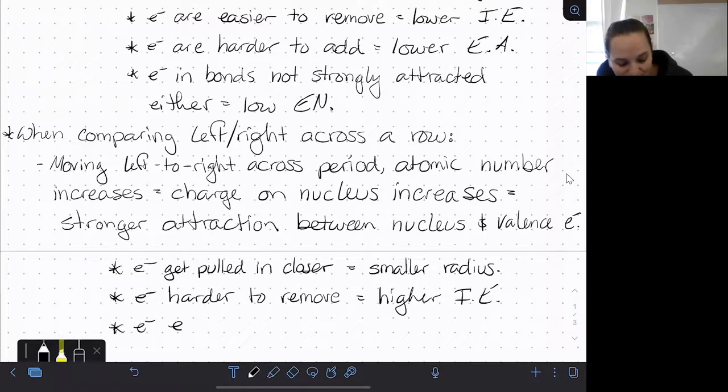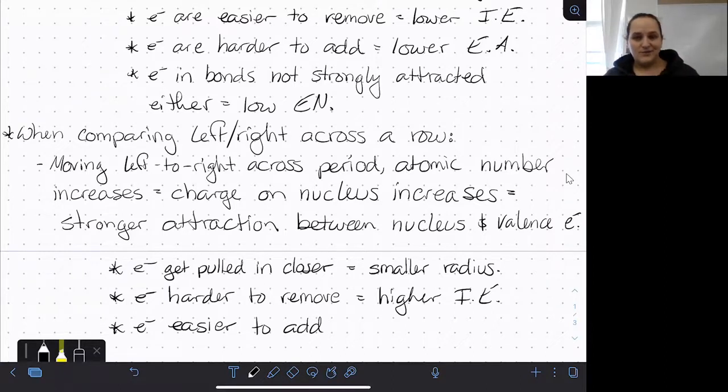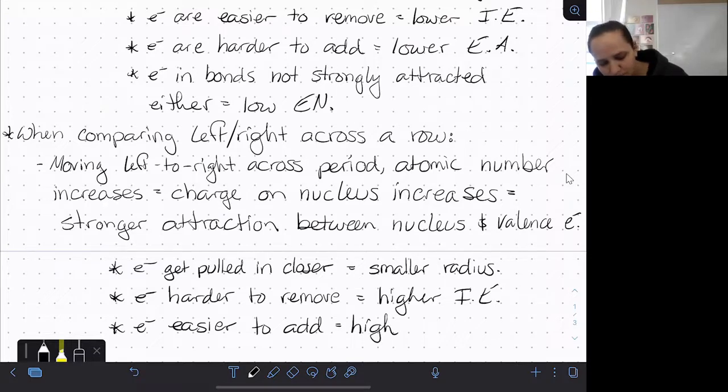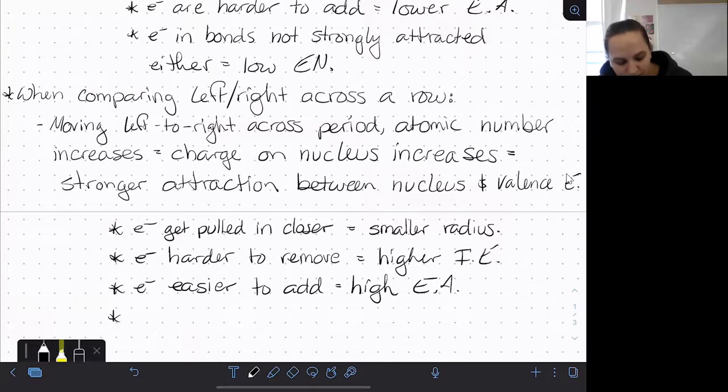Electrons are going to get easier to add. The more attracted an atom is to the valence electrons it already has, the easier it's going to be to add more. Attractive forces are always stabilizing. So as we move left to right, we generally get higher electron affinity. And similarly, if there's a stronger attraction to the valence electrons that an atom has by itself, there's also going to be a stronger attraction to valence electrons that are involved in bonds.